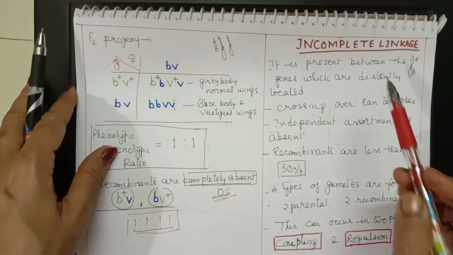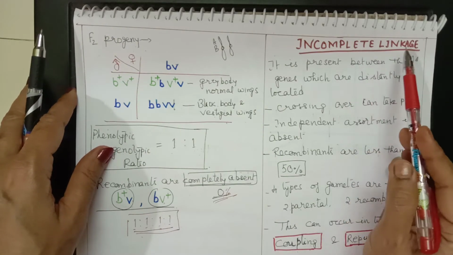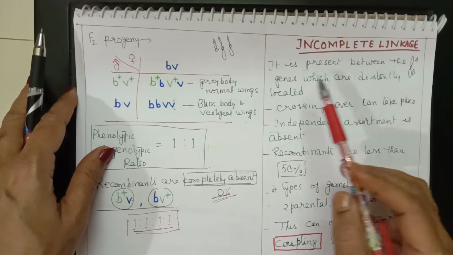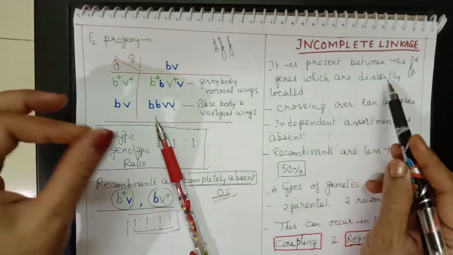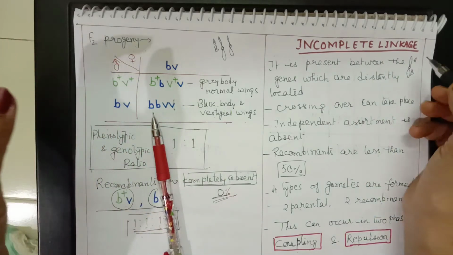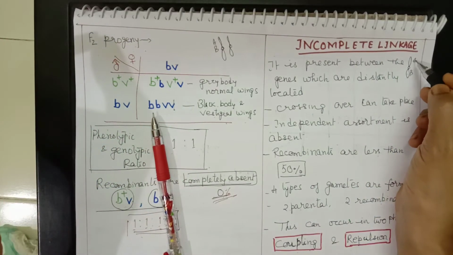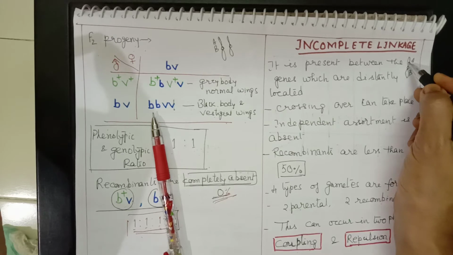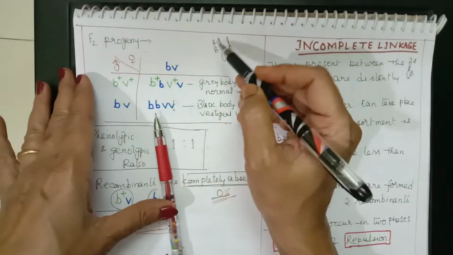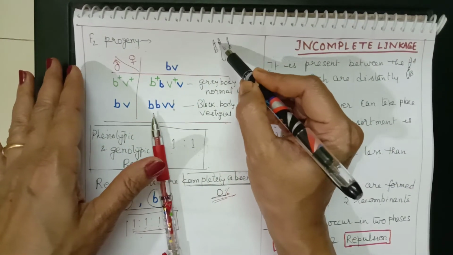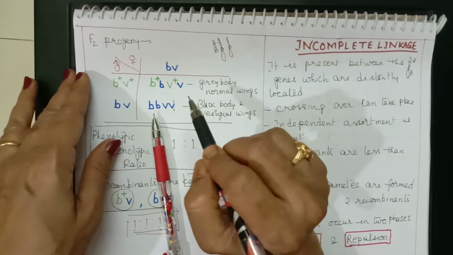Now let us see what is incomplete linkage. In incomplete linkage, we find the two genes are distantly located. Distantly means, suppose we observe here one gene is in one part of the chromosome and the other gene is in another part of the chromosome. In case of complete linkage, we find the genes are located very close by.